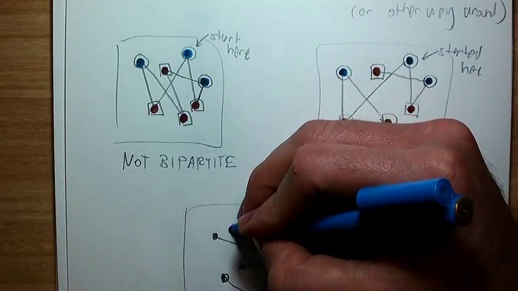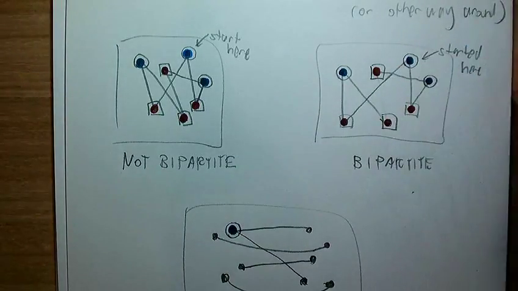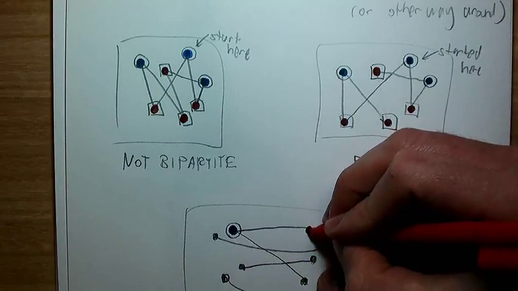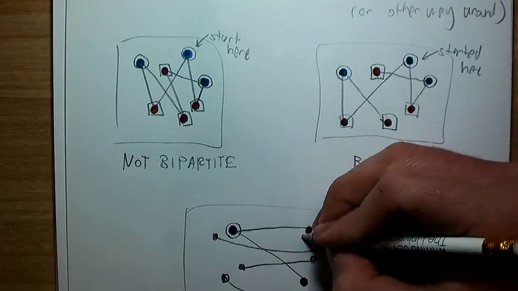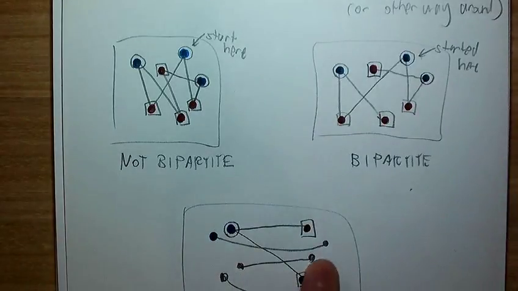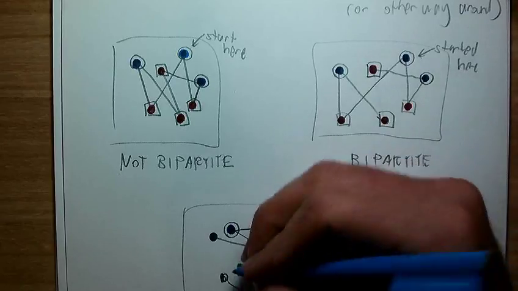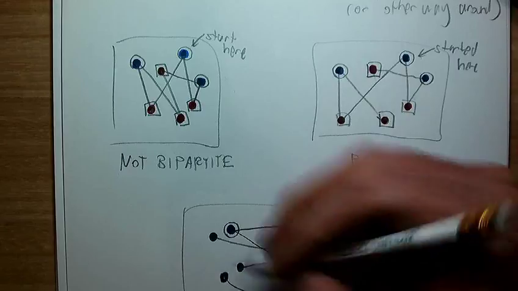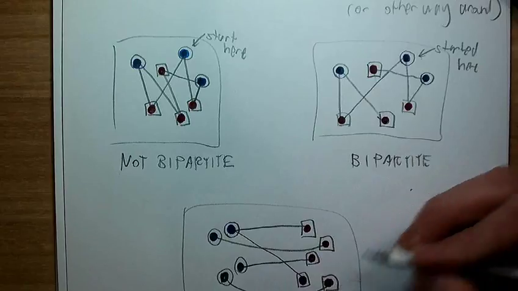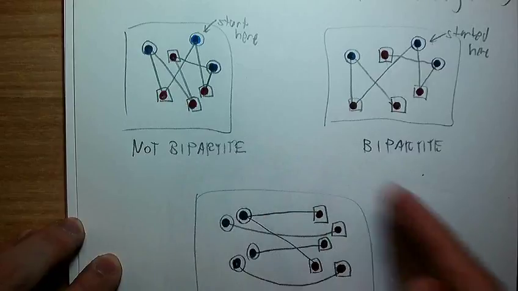If I colour this one, I'm going to do it as a circle, then these two are connected to it, so they must be in the other half if there are two halves. If I colour this one in, this one has to be in the other half. In fact, what's going to happen is that all these ones are red and all these ones are blue. So I've got two completely different pieces and nothing that's in the same piece is connected. And any edge that actually exists goes from one side to the other.